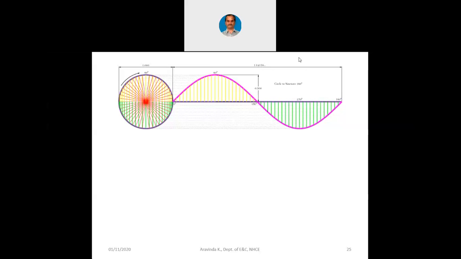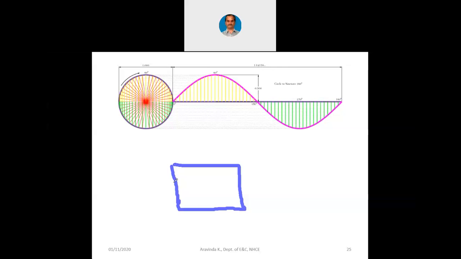Okay, let me tell the answer. The answer is, a circle is a continuous, minute movement of the shape. Now let me annotate. Let us say I write a rectangle. Because I am writing through mouse, it is not a perfect shape.